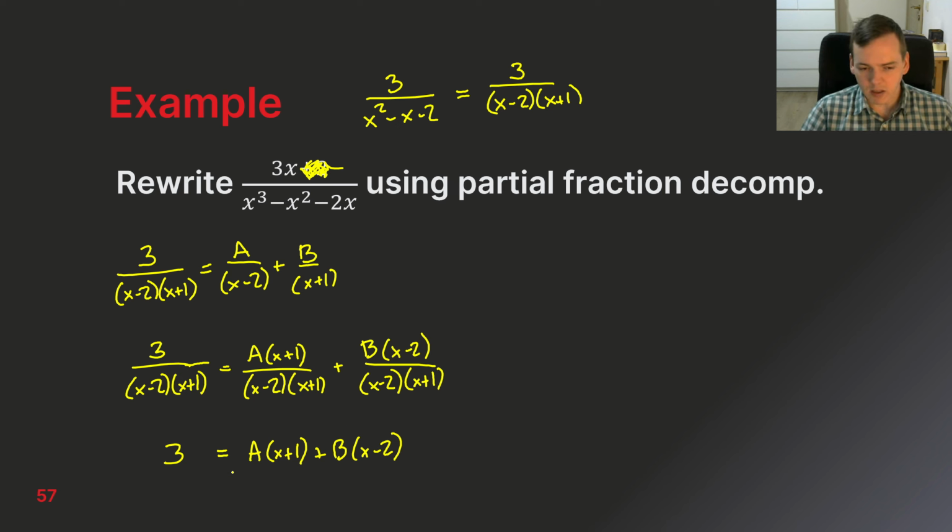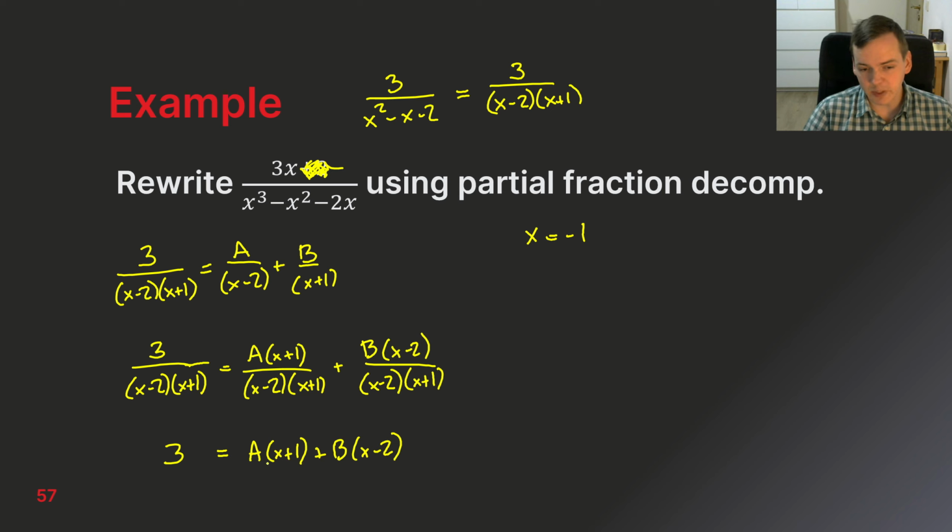Now we're quite close to what our a and b values are, and we want them to be true for all x values. So what we end up doing here is we get a little bit clever to solve for my a and b, because a and b should be set up in such a way that this always equals 3. So I'm going to pick x equals -1 to start here.